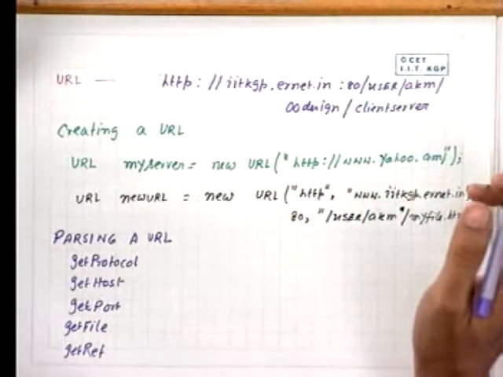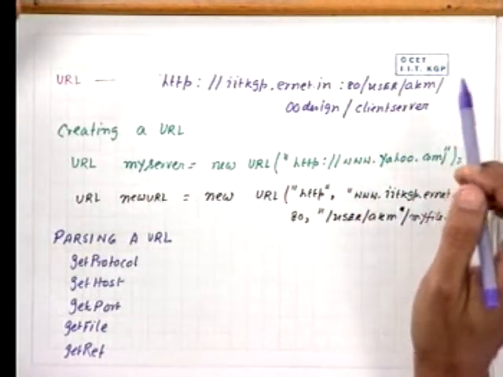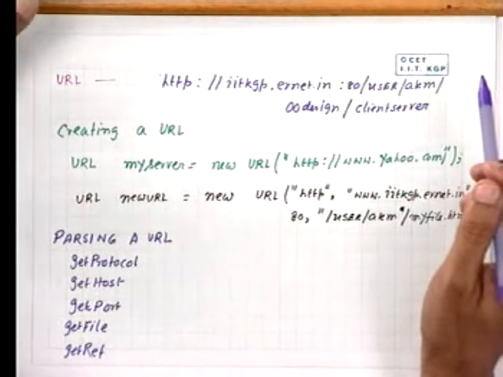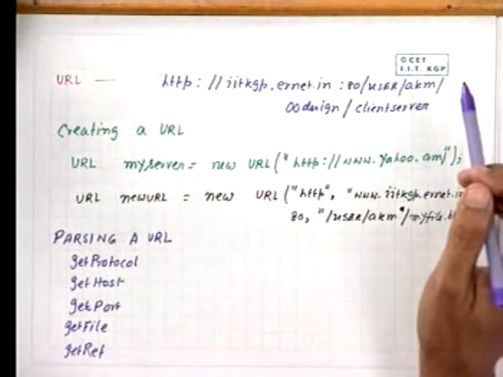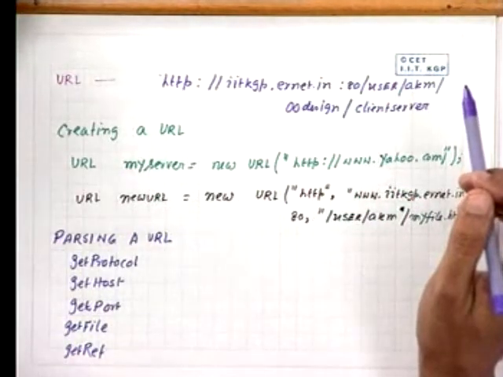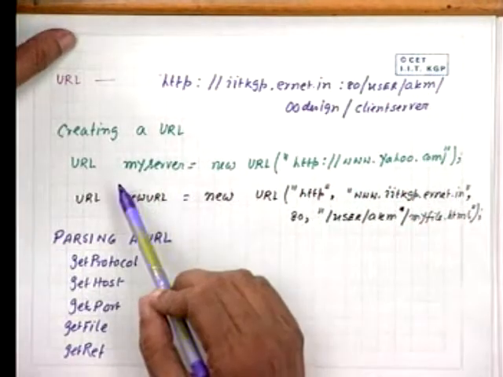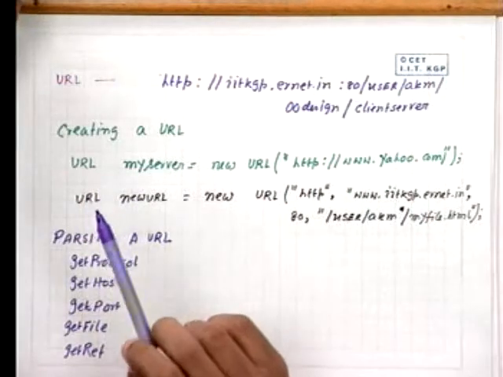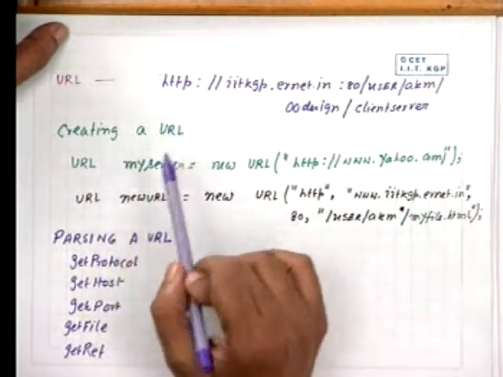Now we may omit the port number; it's not always necessary to give it. In the Java environment there are separate constructors for creating a URL.